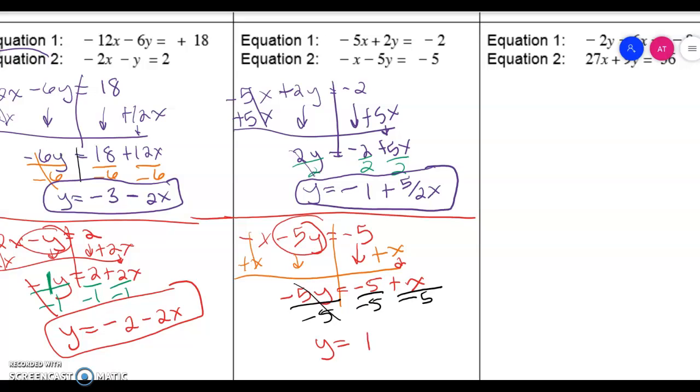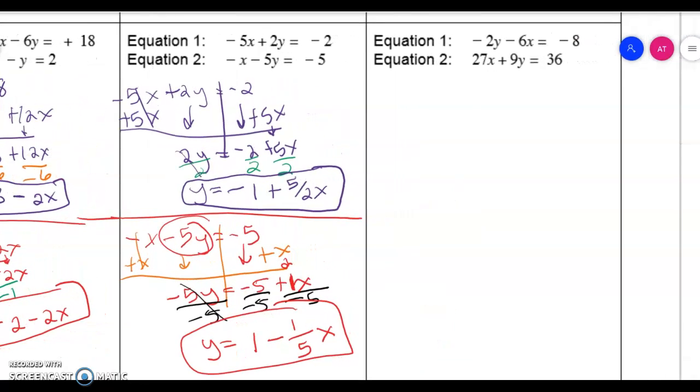So 5 divided by 5 is 1. If you're confused on this one, remember, everything next to x is an invisible 1. So now I have a negative divided by a positive, which is a negative. So I have 1 minus 1, or 1 over 5x. And for the last one, take a pause, solve it out. So go ahead and pause.